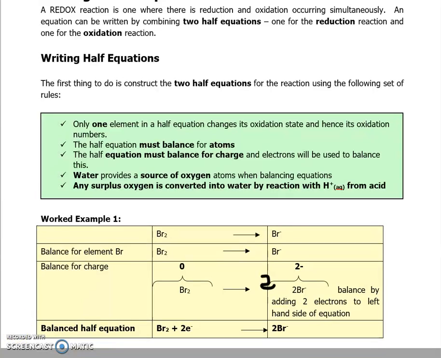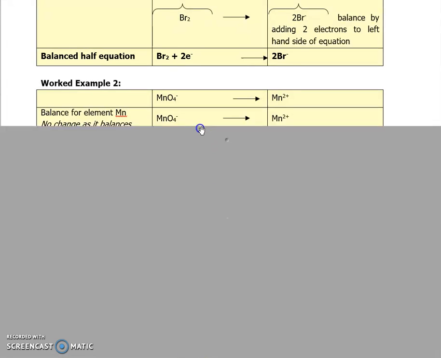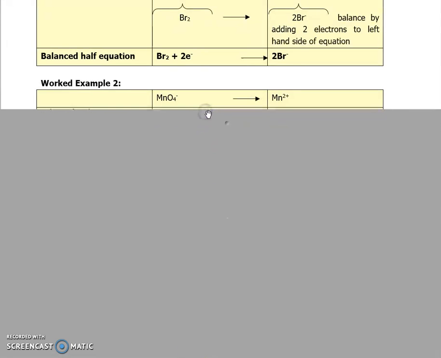The next example is a little more complicated. The second example here is manganate ions being converted into manganese 2+. This is a very common equation to see in redox. Manganate ions are very powerful oxidants.